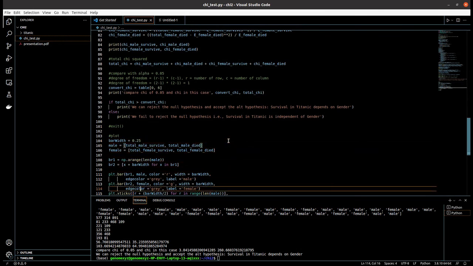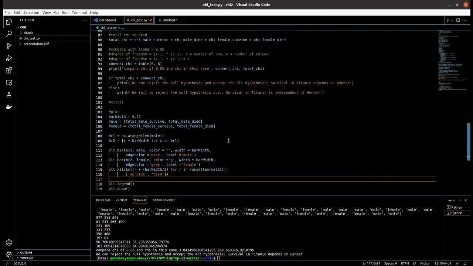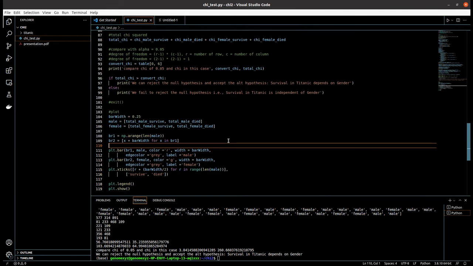And I think that's all. Oh, there is one fact: in machine learning, this chi-square test is also used to do feature selection, like PCA.